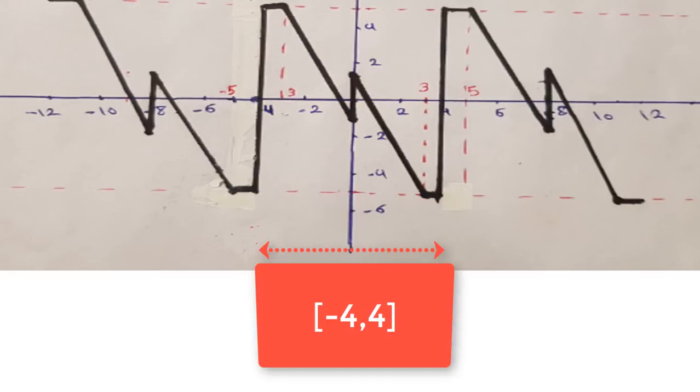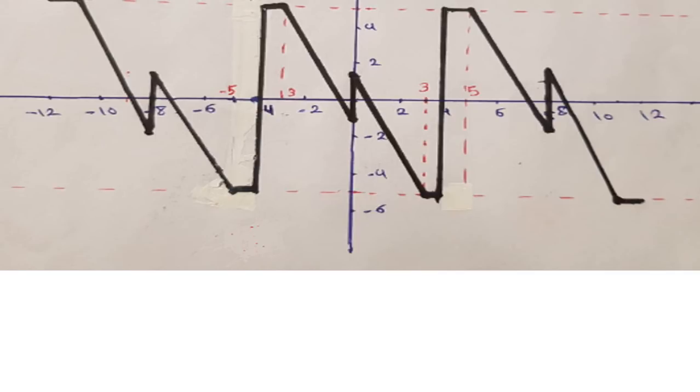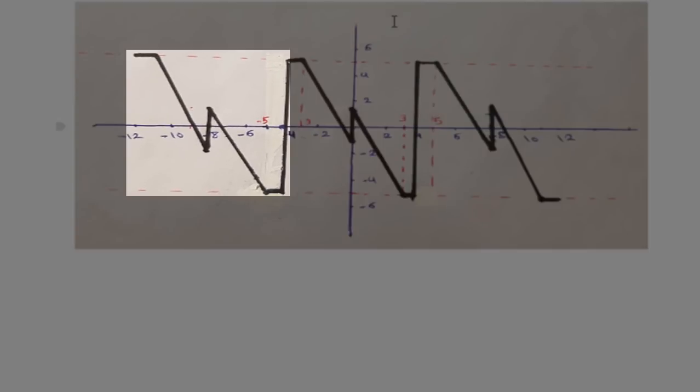Now I have to reflect this function with respect to the origin. If I reflect this function with respect to the origin, I end up with this plot. So now I have the Fourier series in the range of minus 4 to 4. We have a periodic function. I have to just repeat it from minus 12 to minus 4 and from 4 to 12.